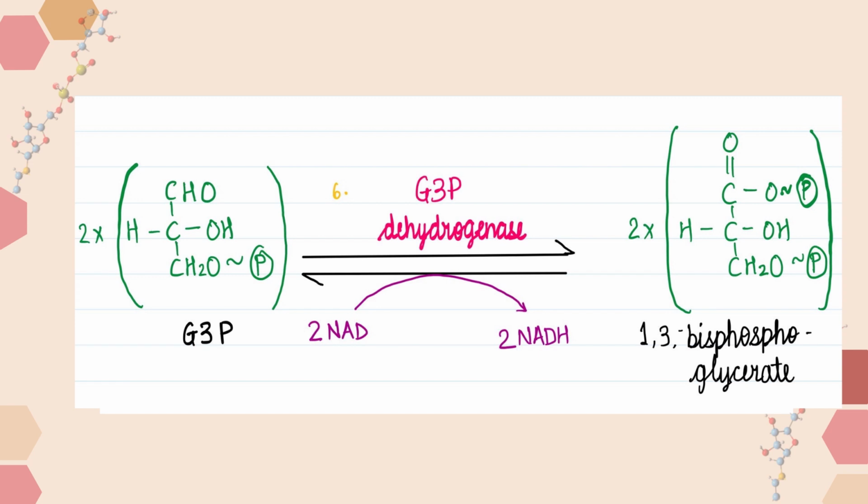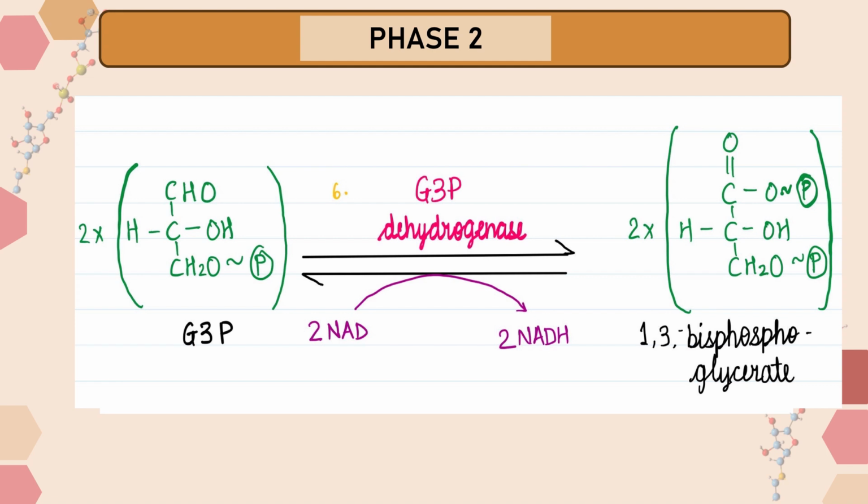These two molecules of glyceraldehyde 3-phosphate now enter phase 2 of the pathway. Phase 2 starts with the enzyme G3P dehydrogenase, also known as glyceraldehyde 3-phosphate dehydrogenase, which adds a phosphate to each G3P and makes NADH.